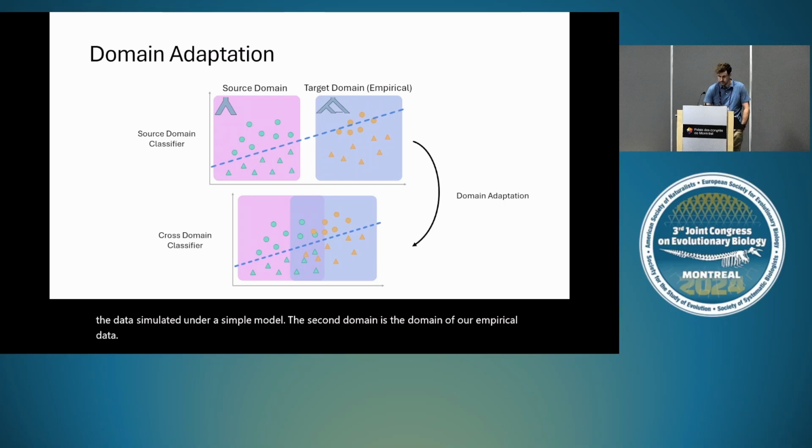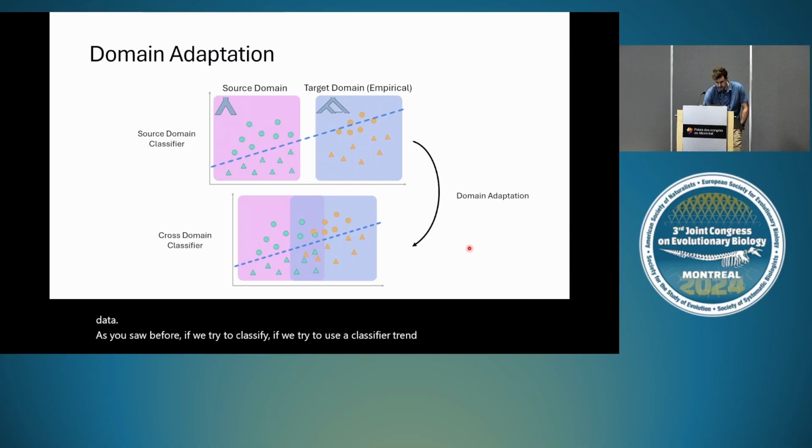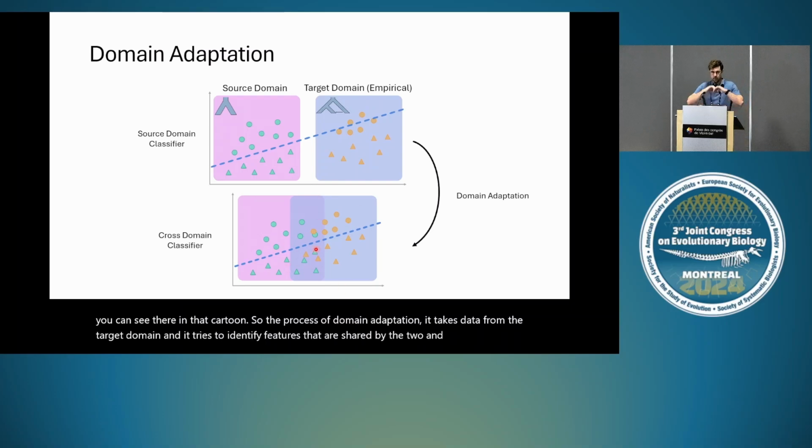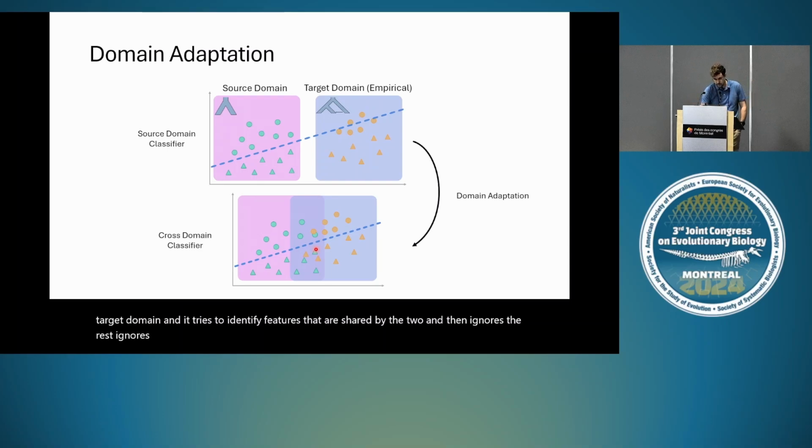As you saw before, if we try to use a classifier trained on the source domain on the target domain, we will misclassify a lot of our samples, as you can see there in that cartoon. So the process of domain adaptation takes data from the target domain and tries to identify features that are shared by the two, and then ignores the rest, ignores those features that might be confounding the training or the test.